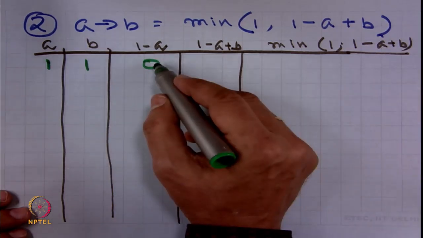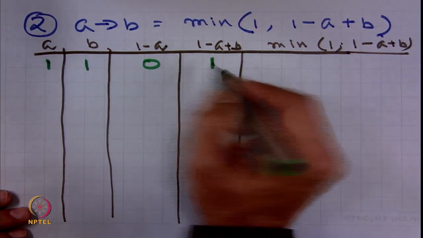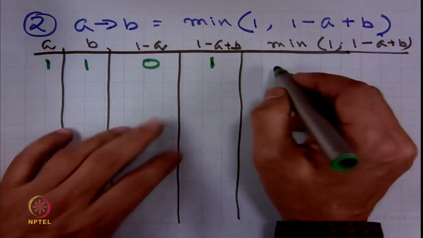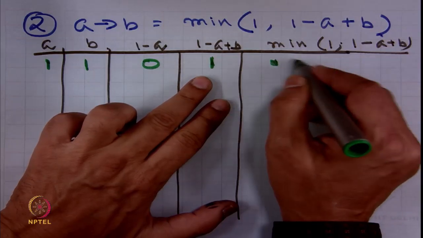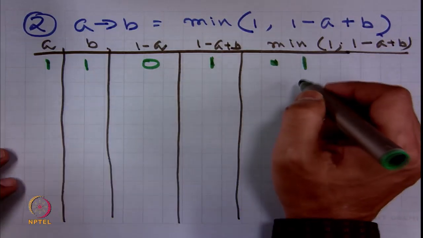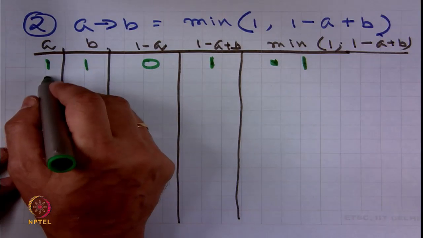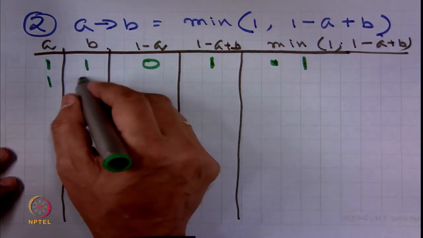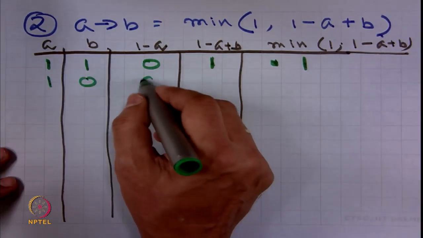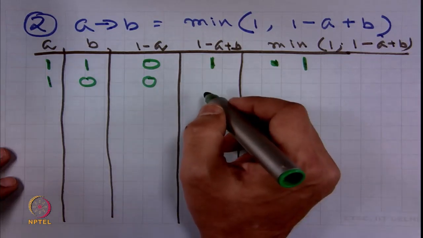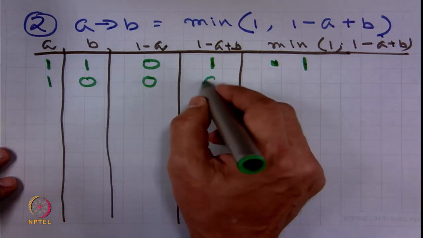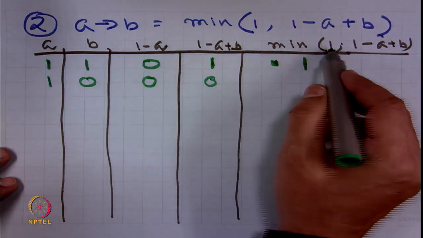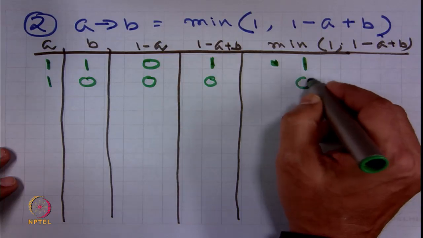Therefore, 1 minus A plus B is equal to 1. Therefore, minimum of 1 and 1 minus A plus B is equal to 1. When A is 1 and B is 0, 1 minus A is 0. Therefore, 1 minus A plus B is equal to 0. Therefore, minimum of 1 and 1 minus A plus B is also 0.